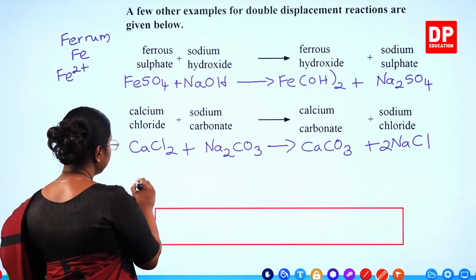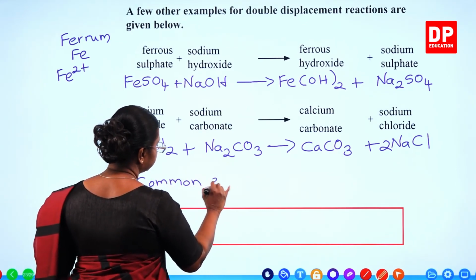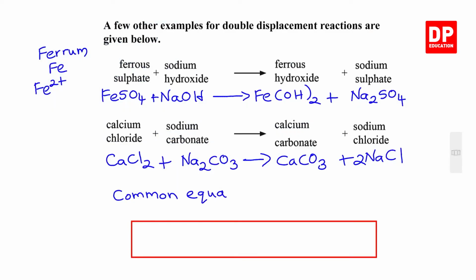So if we write the common equation. So here, students, if we write the common equation AB, why it is a compound, and we have another compound CD, and when that gets exchanged, AD plus CB.